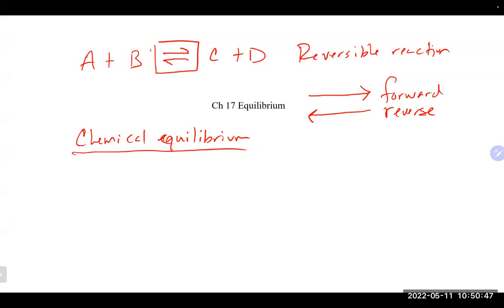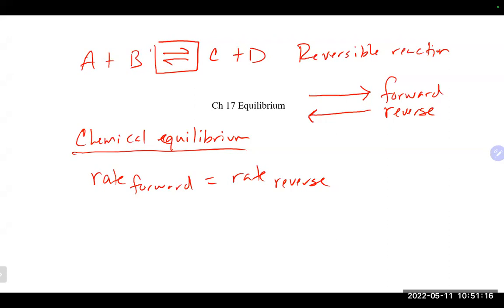What it really means is the rate of the forward direction will equal the rate of the reverse direction. As fast as it goes from reactants to products, those products will recombine and head the other way just as fast.